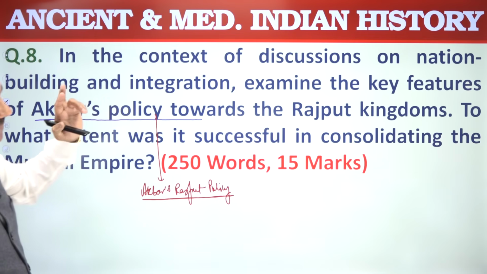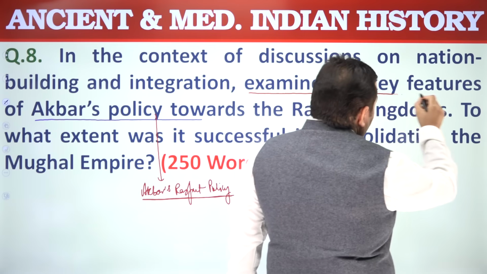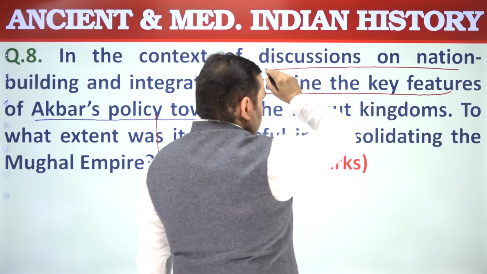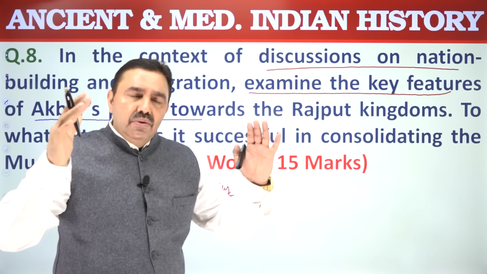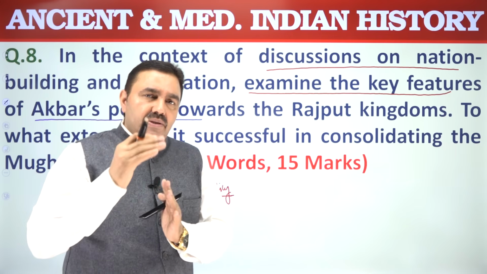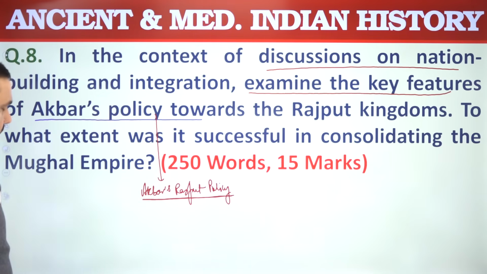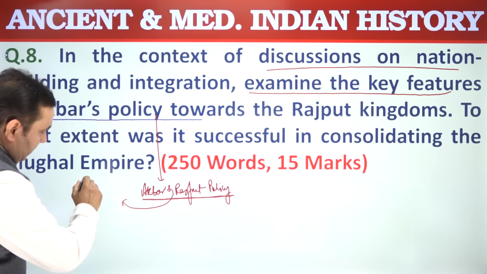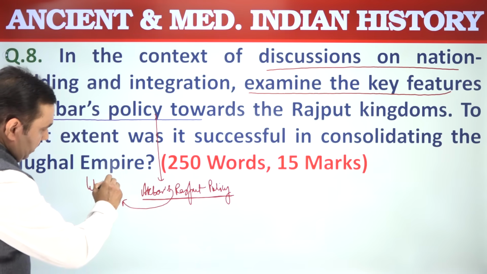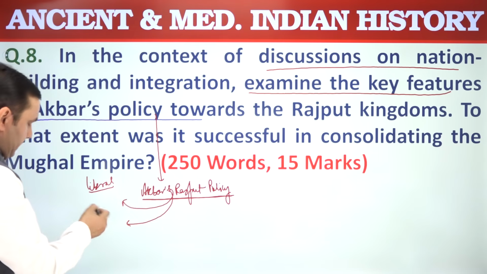Examine the key features. The question is asking about key features, and in the context of nation building, it means the liberal, secular, assimilatory, unifying, inclusive aspects of policy you have to focus upon. So Akbar's Rajput policy was liberal because he tried to give as much liberty to Rajputs as possible.